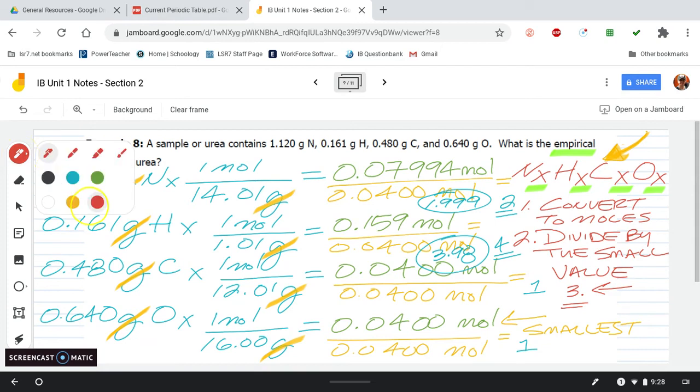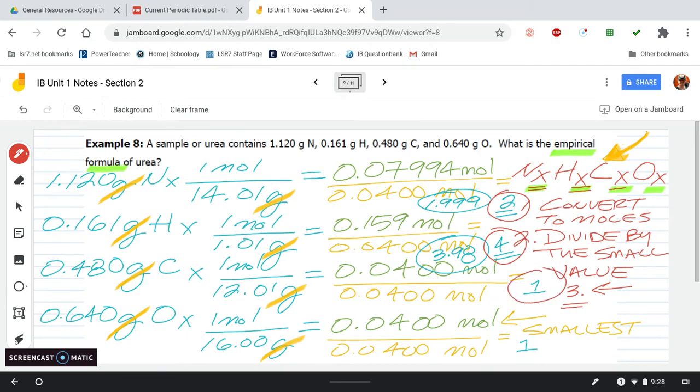So what do we do with these? These are going to become our coefficients, our subscripts. So 2 is going to go right there. 4 is going to go right there. 1 is going to go right there. And 1 is going to go right there.